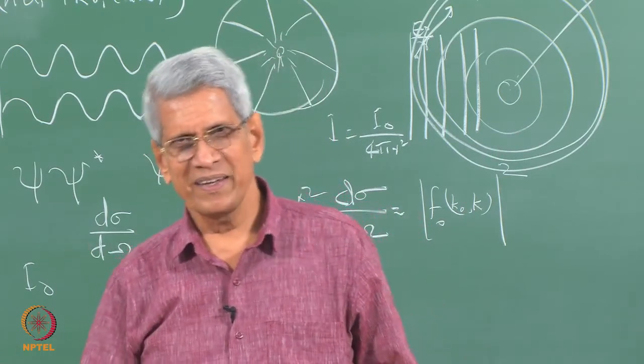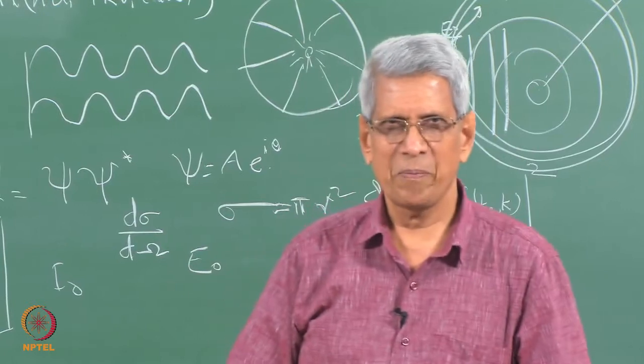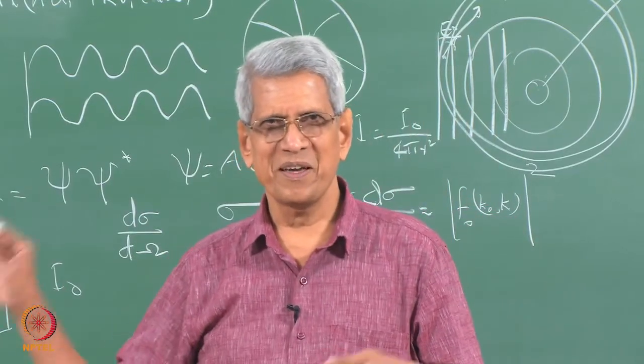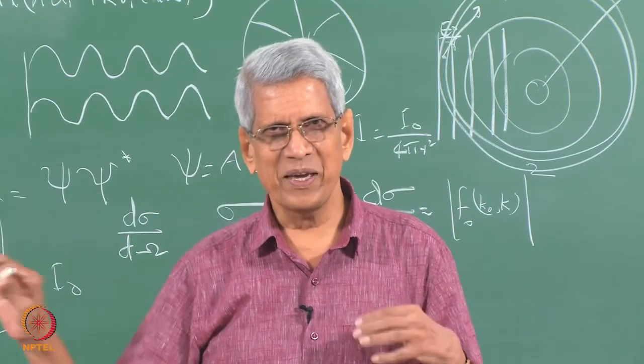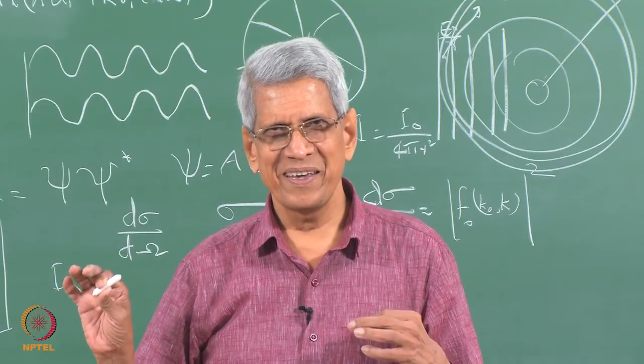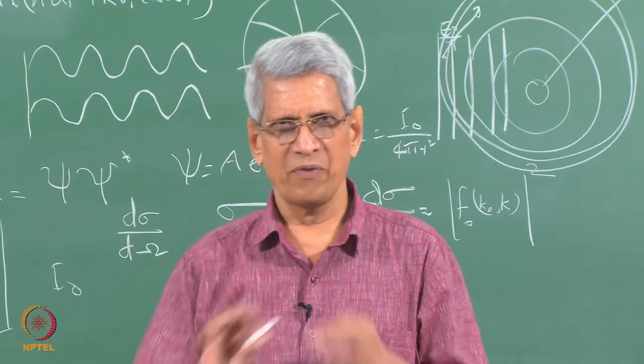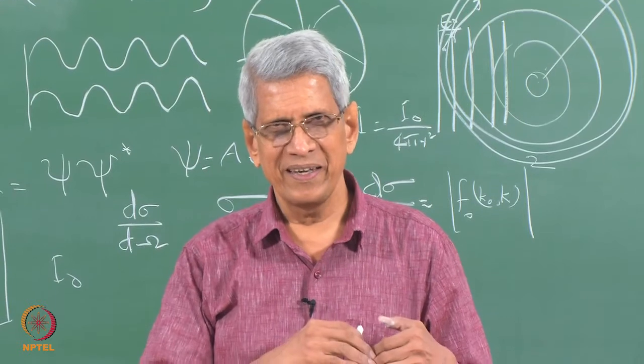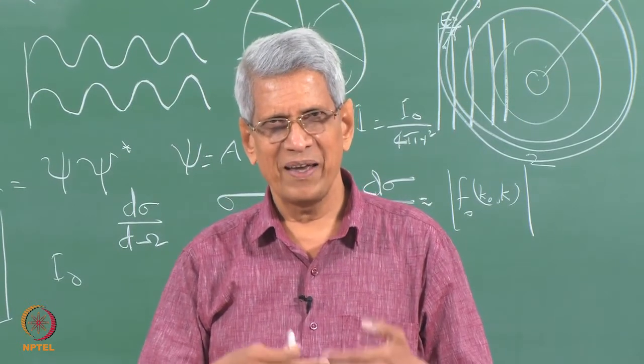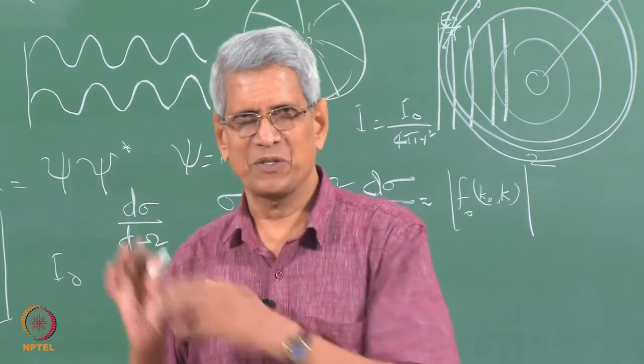Then when a beam is falling onto a sample, we can quantitatively determine the intensity of the scattered radiation, or whatever we have measured experimentally, theoretically we can derive a formula which will quantify the value which has to come.